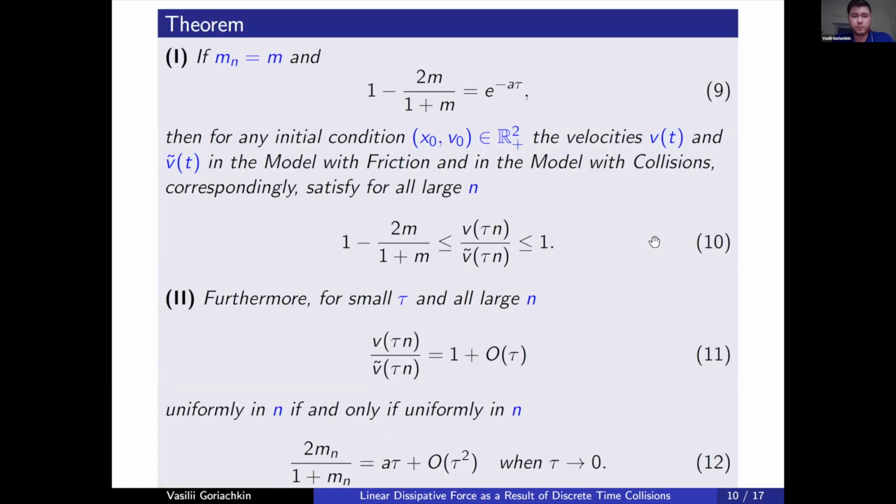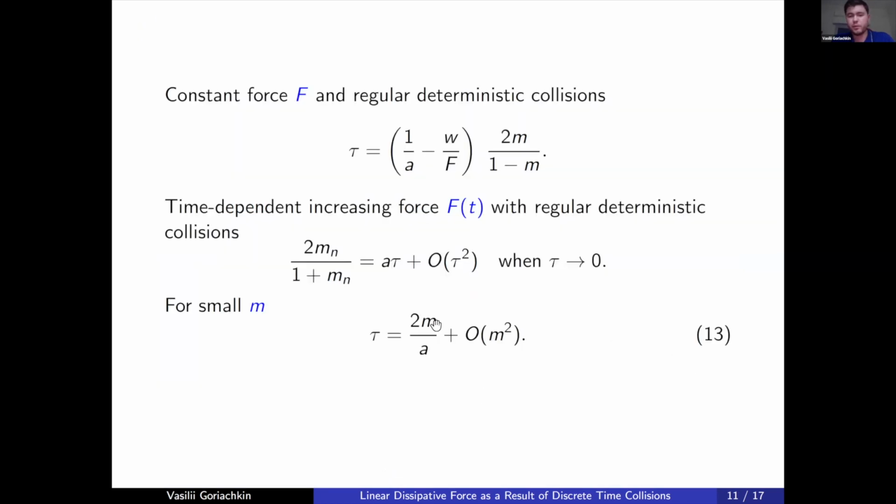Mostly we have, for example, let's say this expression here, this is equation 30. So we have the following expression, and let's say the time between collisions is a small tau. The mass is also small.